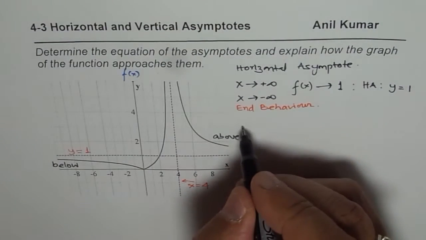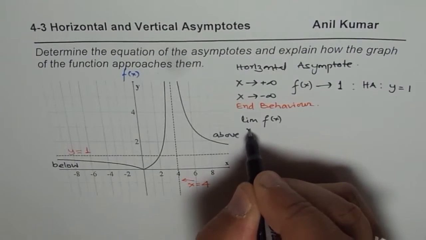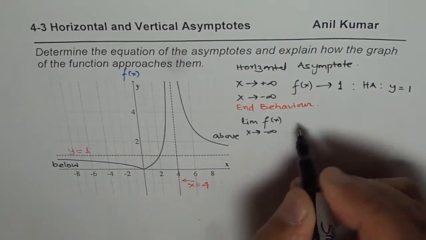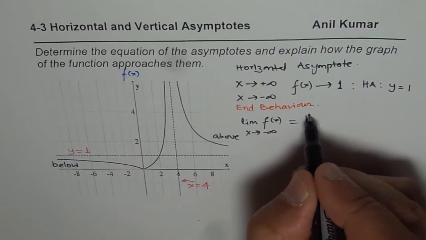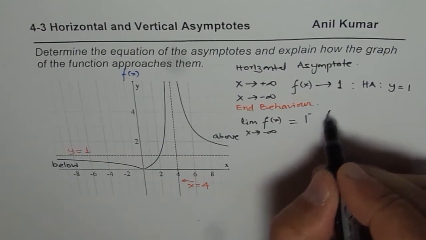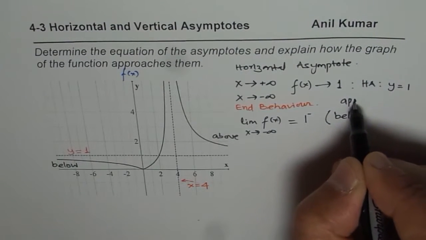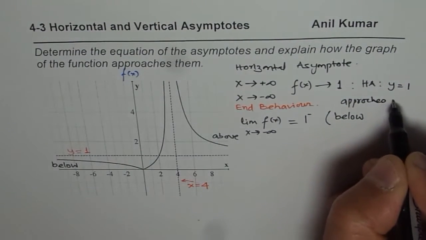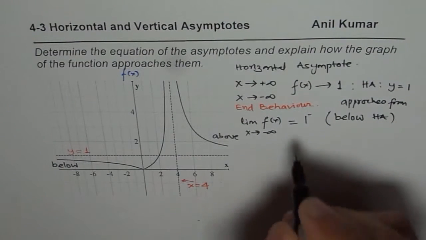So what we notice here is that the limit of the function as x approaches negative infinity is equal to 1, but less than 1. So let me write this minus here. So it approaches from below the horizontal asymptote, right?